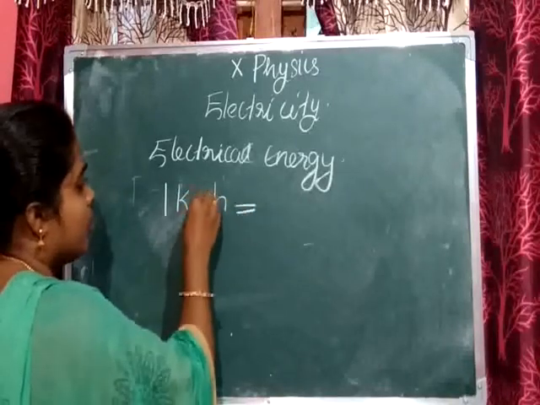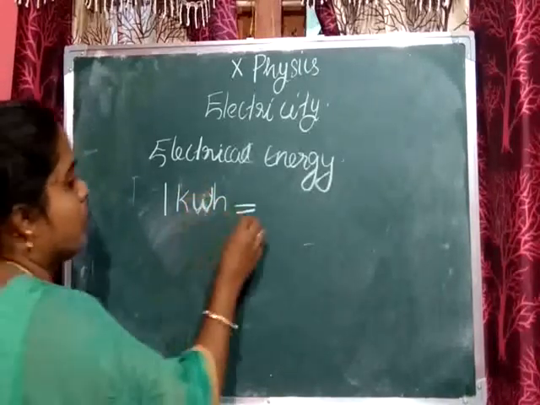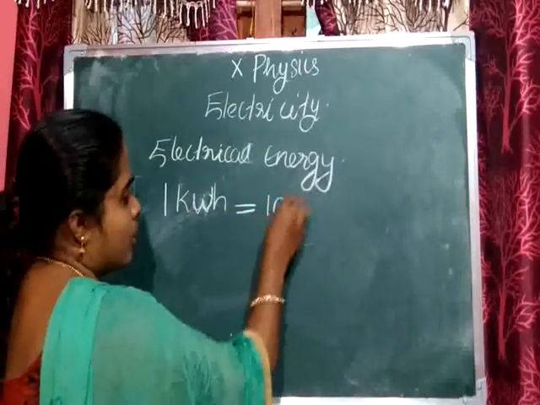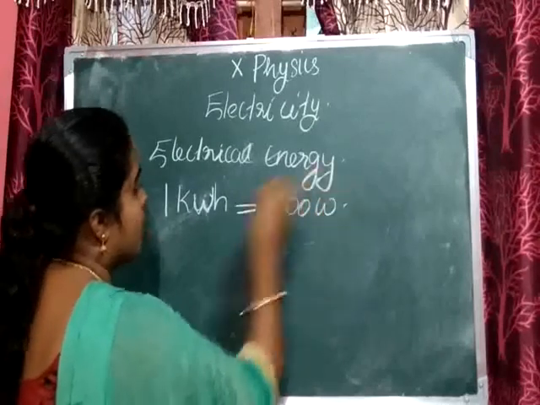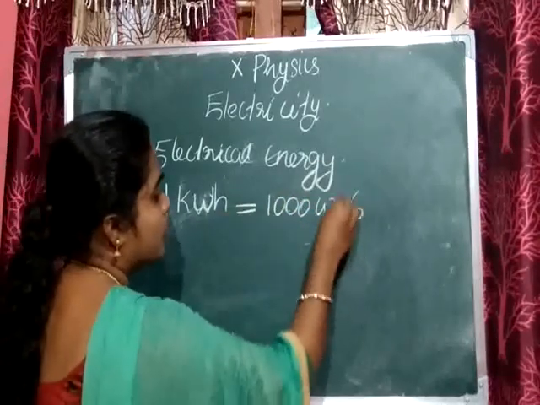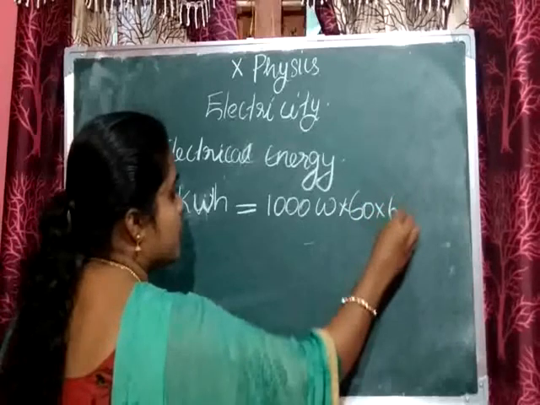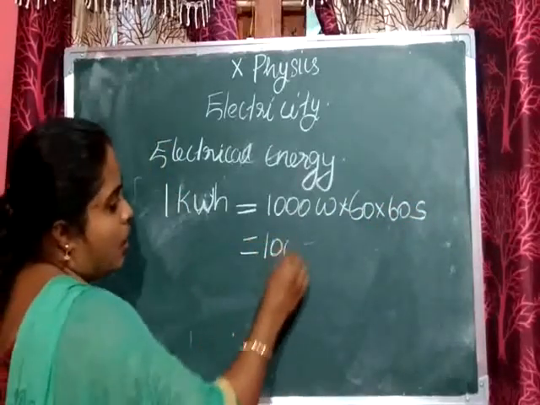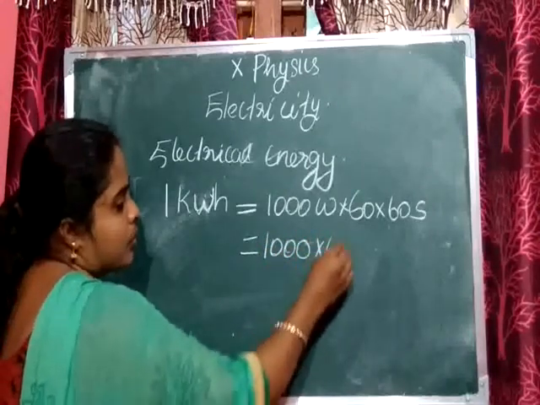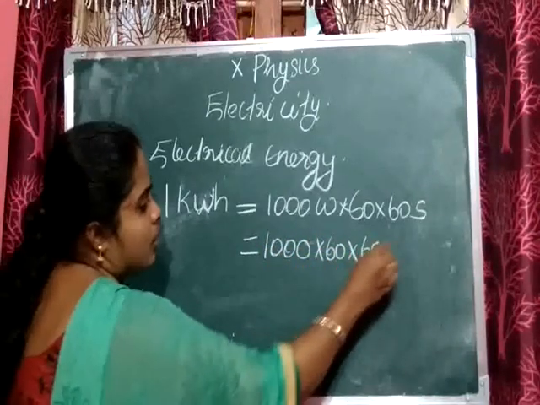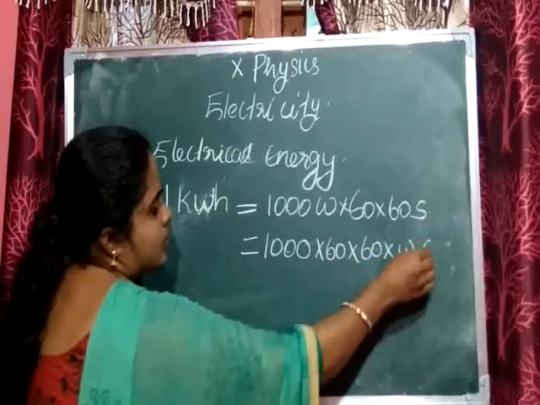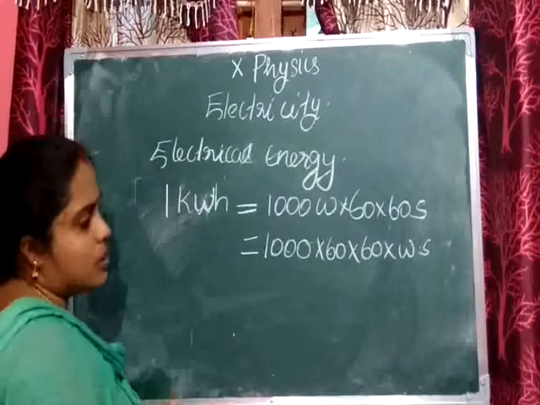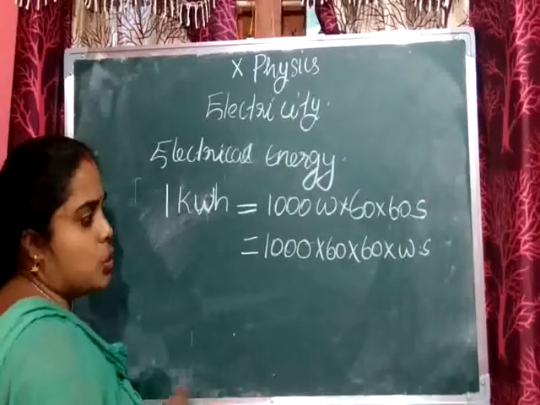1 kilowatt hour is equal to 1 kilowatt, which is 1000 watt, into 1 hour, which is 60 into 60 seconds. So it is equal to 1000 into 60 into 60 watt second. This watt second is the joule itself.